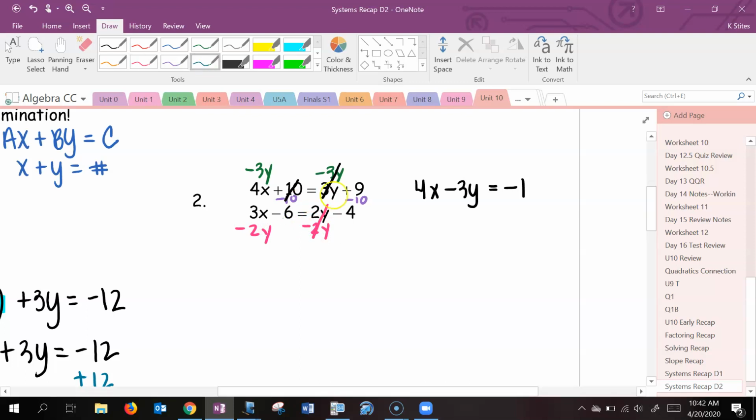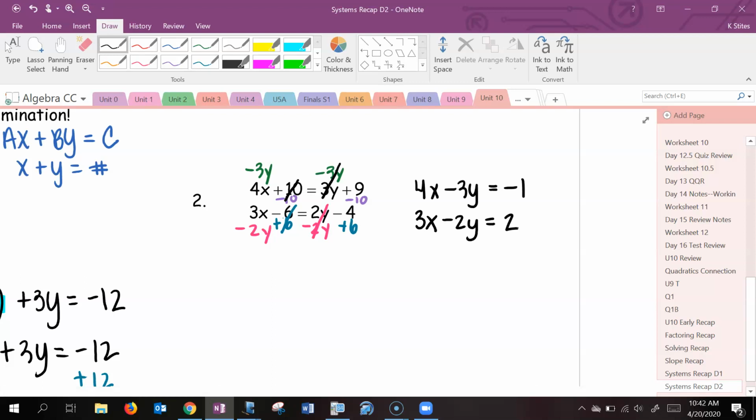The 6 needs to go be with the -4. We will add it. Okay, it's adding with our -4, and now we'll combine. We had a 3x, we subtracted 2y, equals -4 plus 6 is a +2. So now we have standard form.